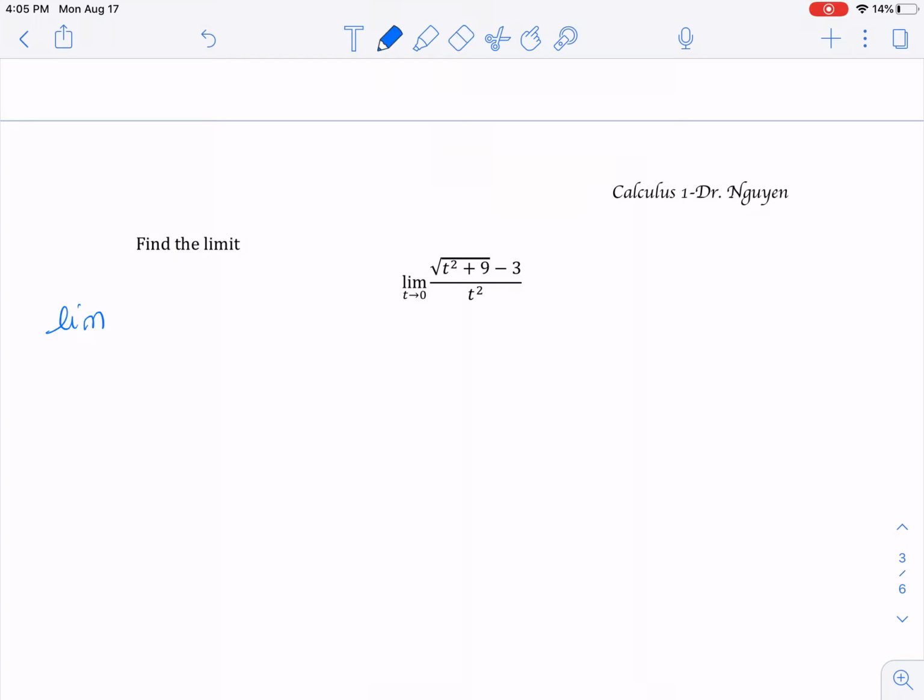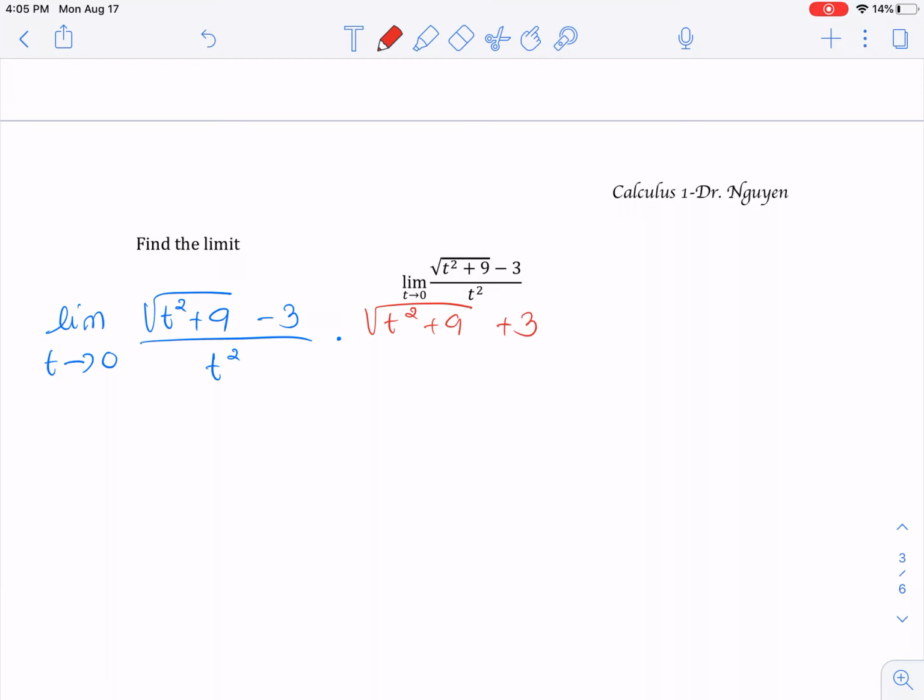So the limit as t goes to 0. And I really hope you remember the conjugate. So the conjugate would be square root of t squared plus 9 plus 3.